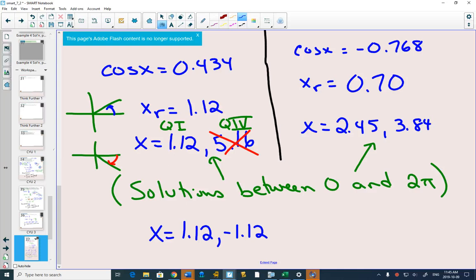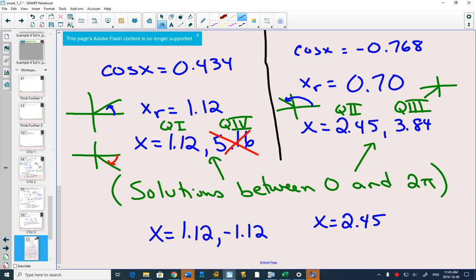In the second one, we had answers in quadrant 2 and quadrant 3. This one is good because it's between 0 and pi, but this one is too high.